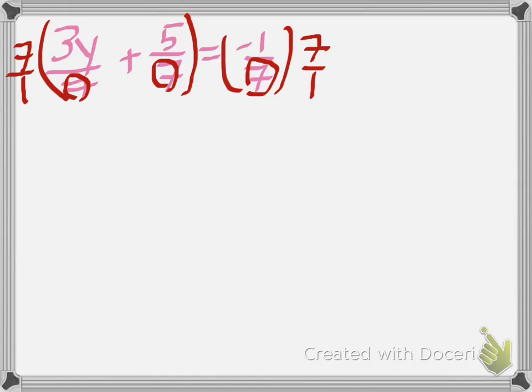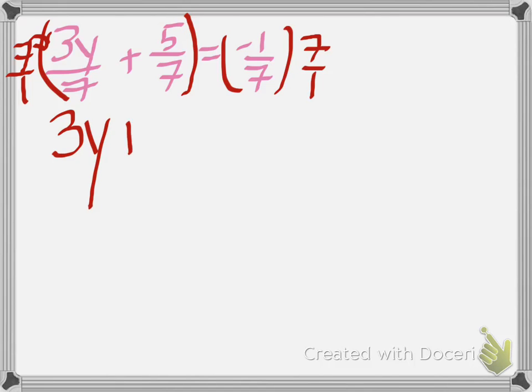So 7 times 3y divided by 7 would be 21y over 7, which is just 3y, plus 7 times 5 sevenths gives me 35 sevenths, or just 5, equals negative 1 seventh times 7 is a negative 1. See what happened there? It was all the numerators.